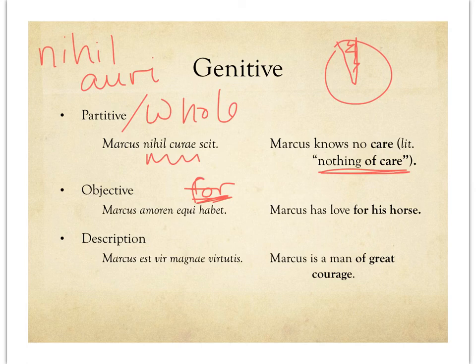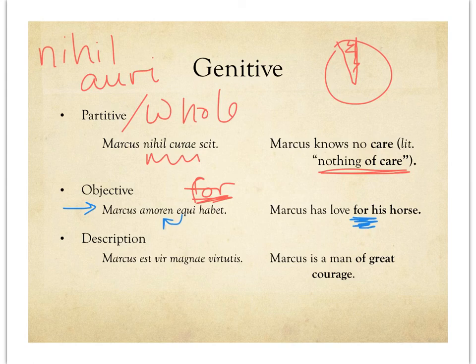Here's an example to try to make this clearer for you. Marcus amorem equi habet. Marcus has love of his horse. That is, he really has love for his horse. His love is directed to his horse in this case. It's love of his horse. It's not love that the horse possesses. So it's not possessive. It's love that's to the horse.